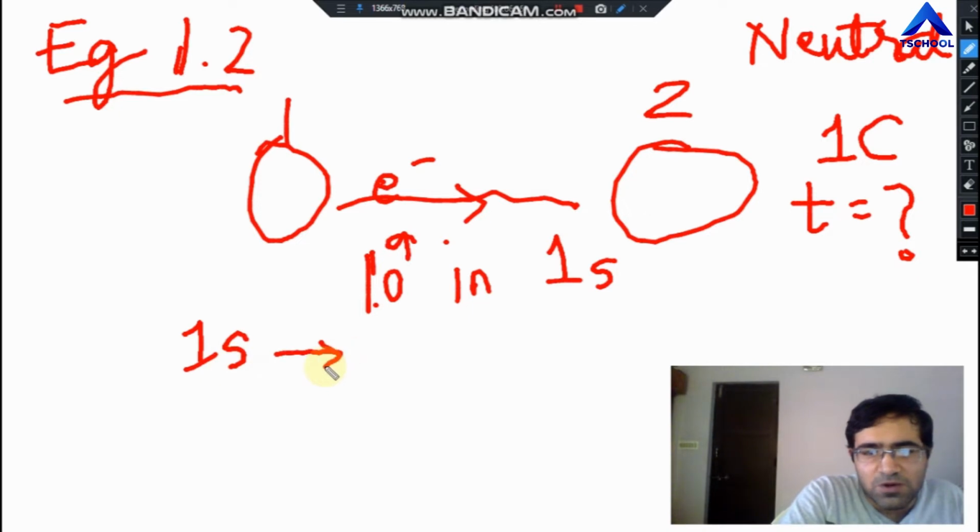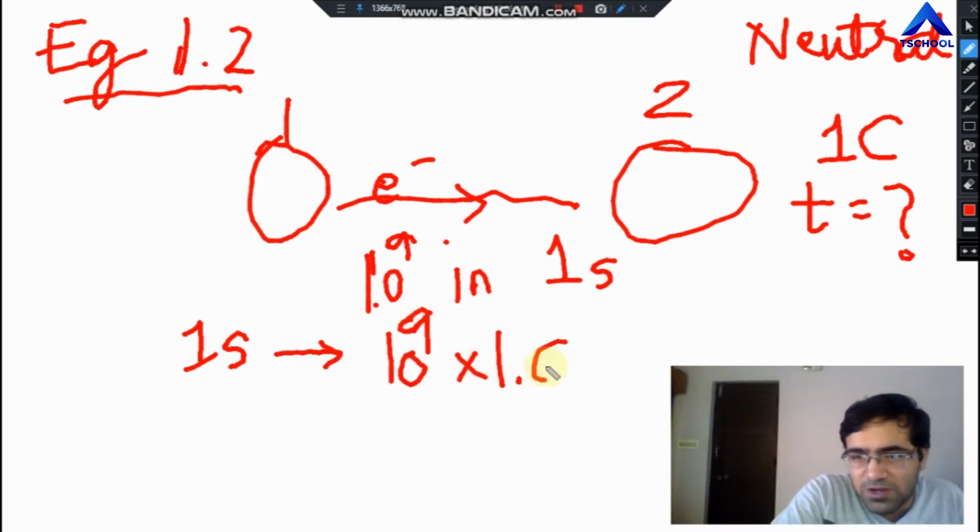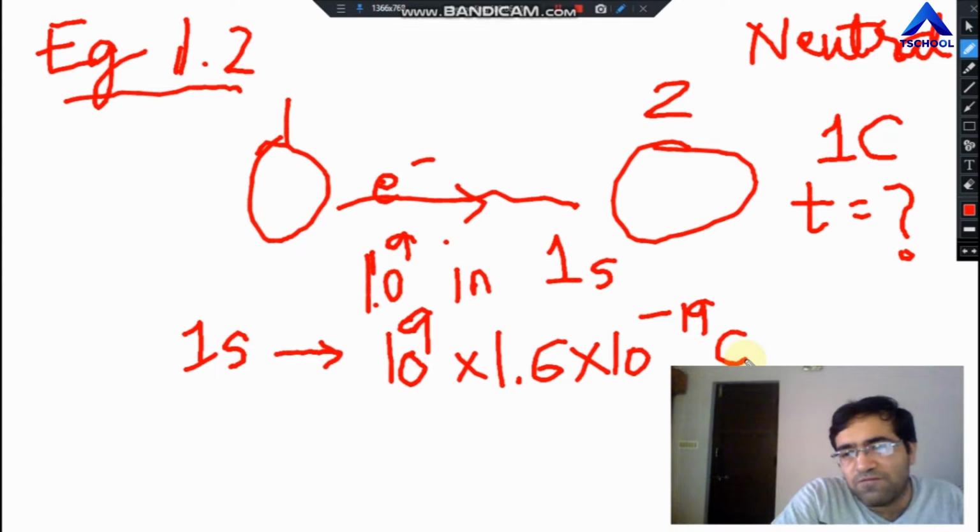In 1 second, 10 raised to 9 electrons go, and each of them carries a charge of 1.6 into 10 raised to minus 19 Coulomb. So this is the charge flowing out in 1 second, because one electron takes 1.6 into 10 raised to minus 19 Coulomb with it, and there are 10 raised to 9 electrons going in 1 second.